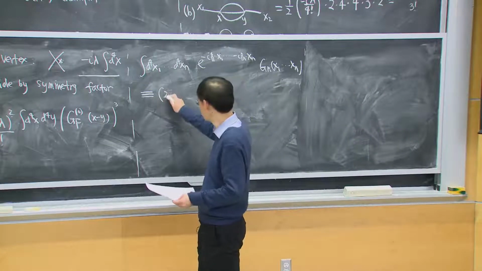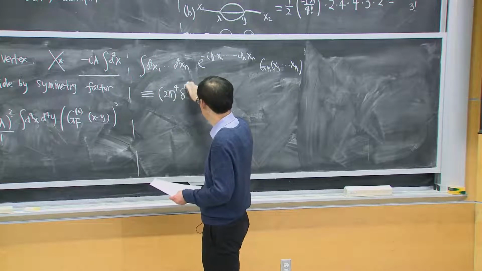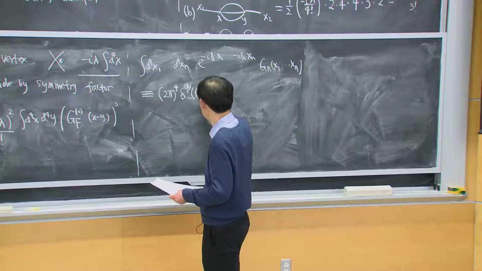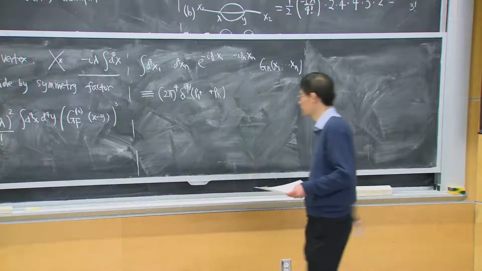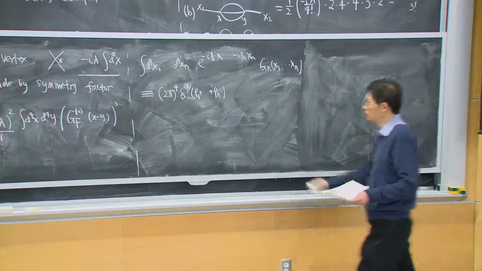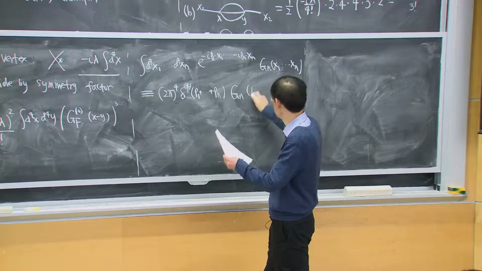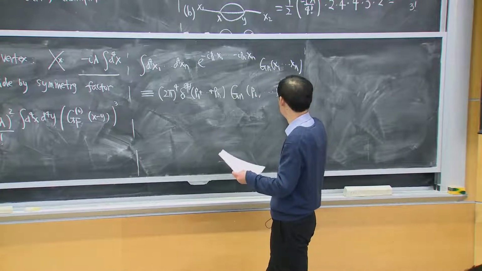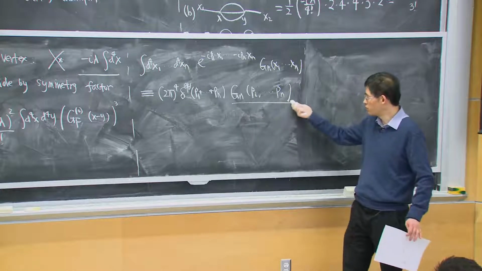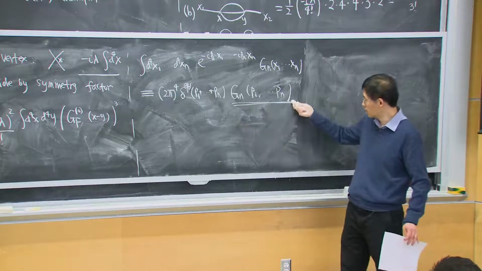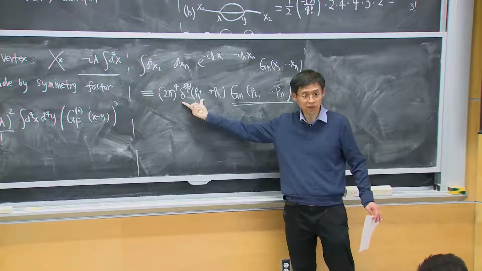So we expect that there must be a factor of momentum conservation coming from here, and then we call the remaining coefficient G_n(p). Our convention is that for momentum space correlation functions, we define them without this factor.